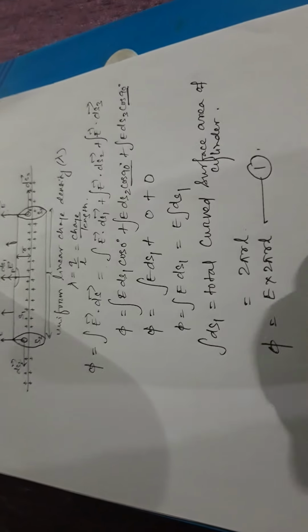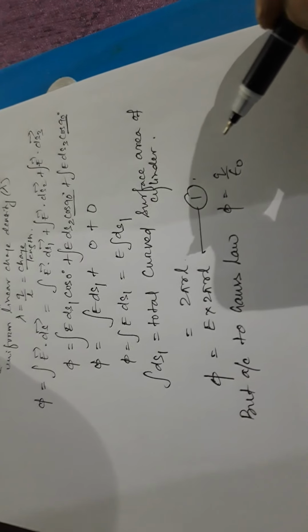Now, according to Gauss law, phi is equal to Q by epsilon naught. What is the surface enclosed? The total flux enclosed by that surface will be Q by epsilon naught. Now this is equation 2.